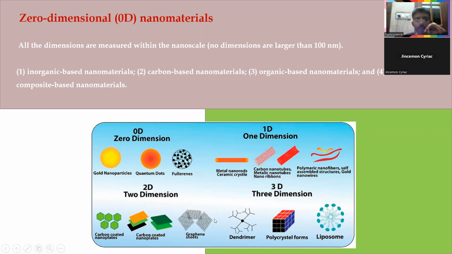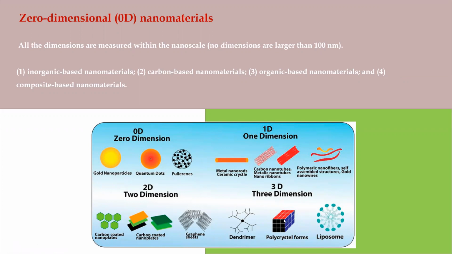In the case of a three-dimensional material, all dimensions, that means length, breadth, and height, or based upon the Cartesian coordinates, the size of the particle in x, y, and z coordinates are in the bulk range. That means greater than 200 nanometer. That means x, y, z all are greater than 200 nanometer.